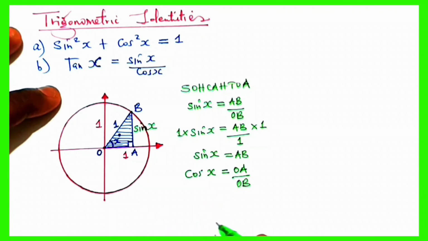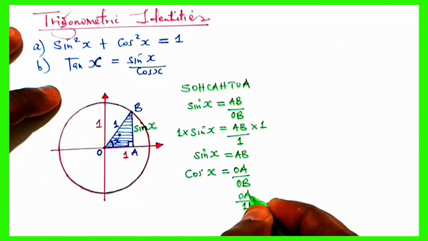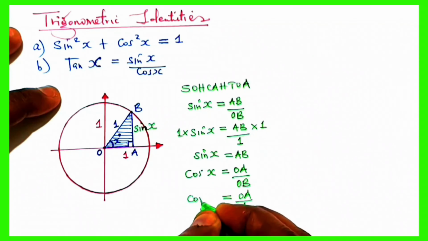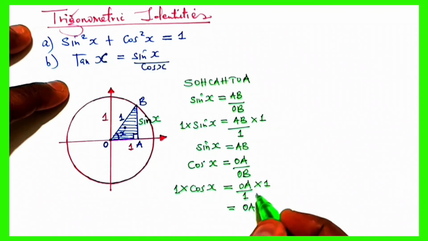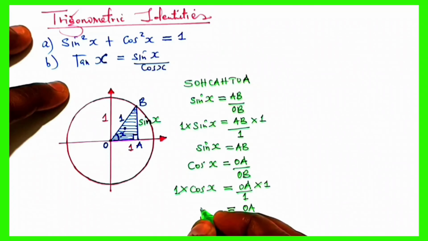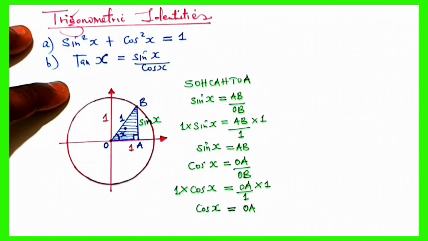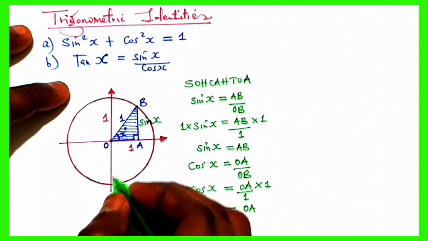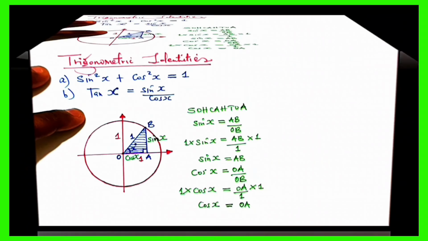And then we know that OB is equal to 1, so we're going to have 1, and then there's OA to be equal to cos x. And therefore, when you multiply both sides by 1, you're going to get the size of OA to be equal to cos x. And therefore, I can represent that in my diagram as cos x degrees.